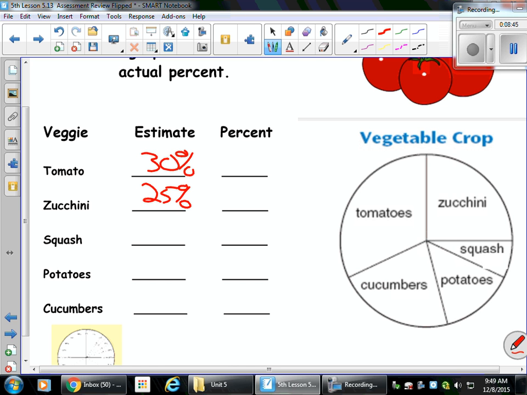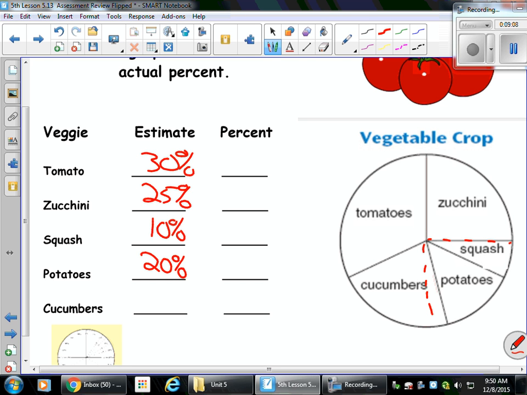Oh, my bad. We're on squash. Squash looks like it's a lot less. So if this is 25% right here and squash is there, let's give squash a 10%. Let's keep going here. Potatoes, once again, it's in that 25% range, a little less. So if we gave squash a 10%, let's give potatoes 20%.